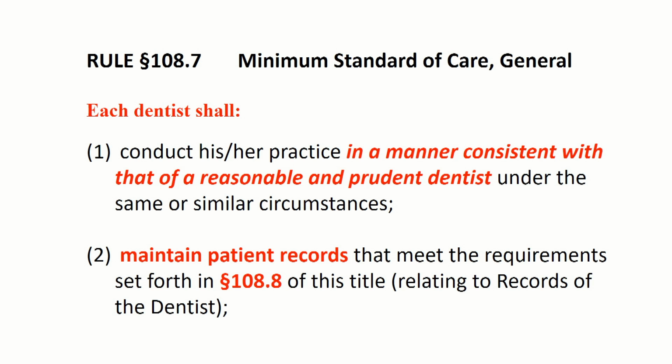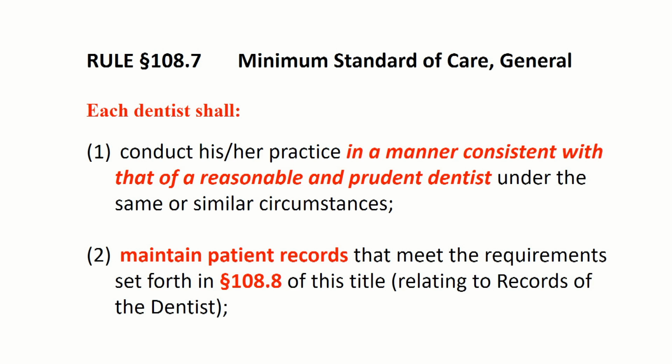It does not say each dentist may or each dentist could. It says much more firmly and absolutely that each dentist shall. And Rule 108.7 sets out all of the things or all of the conduct that a Texas regulated licensed dentist must do.